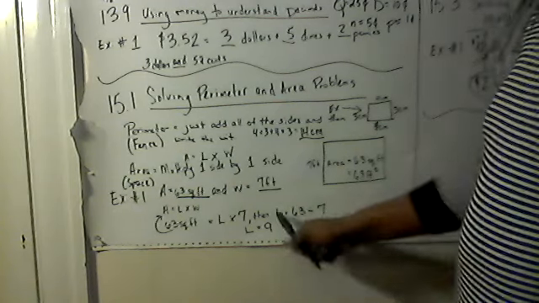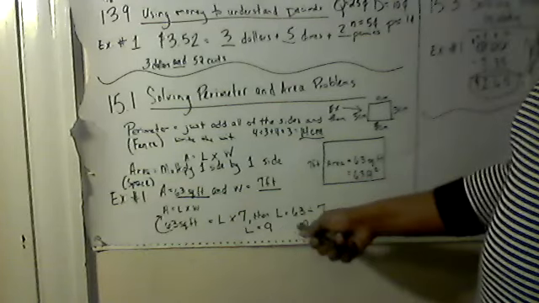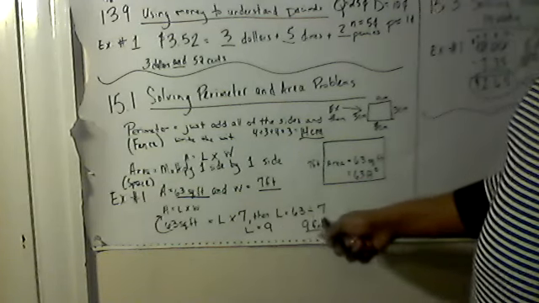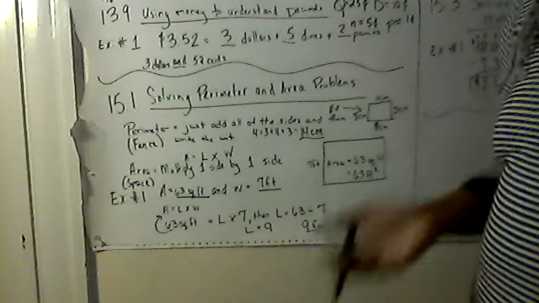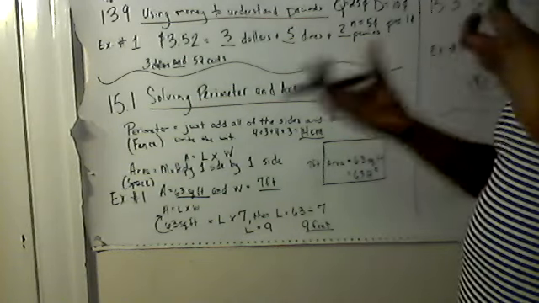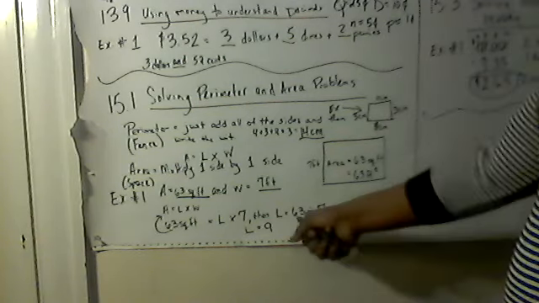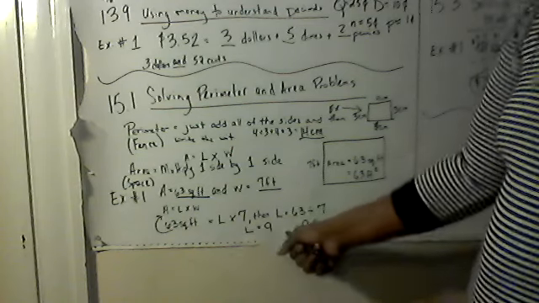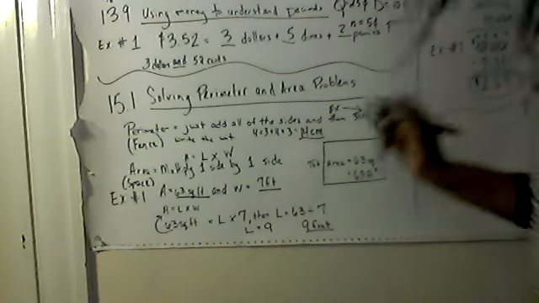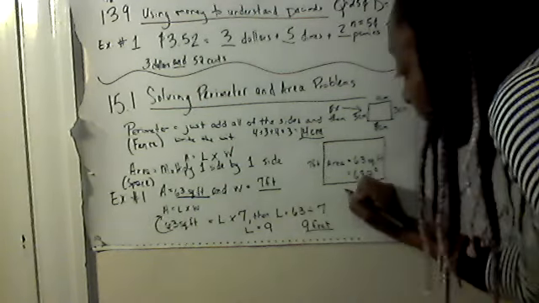So L would be equal to 63 divided by 7. And if you know your multiplication facts or your division facts, you'll be able to tell that easily. 63 divided by 7 is equal to 9. So that tells me that my length here would be 9 feet.